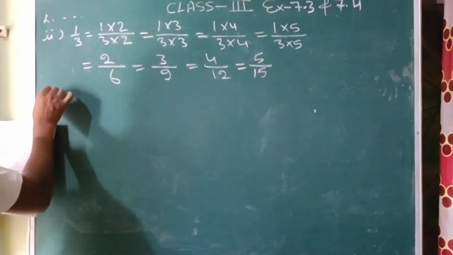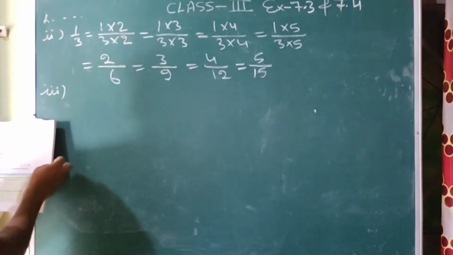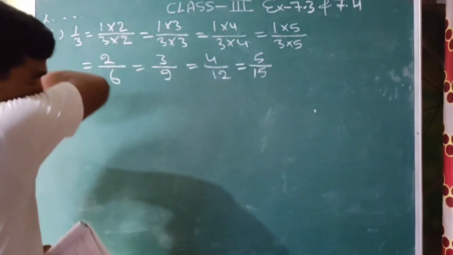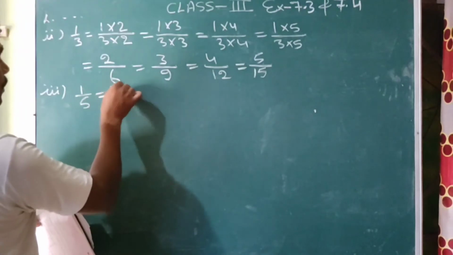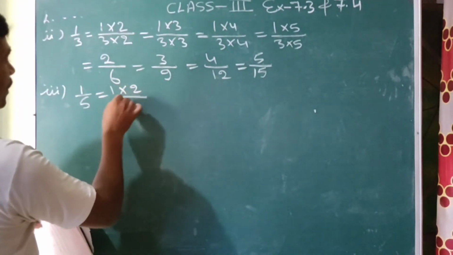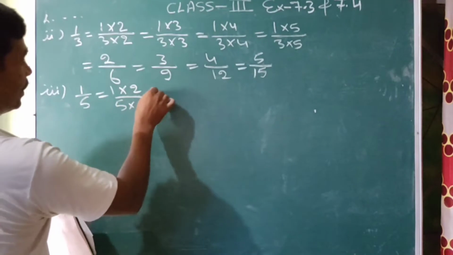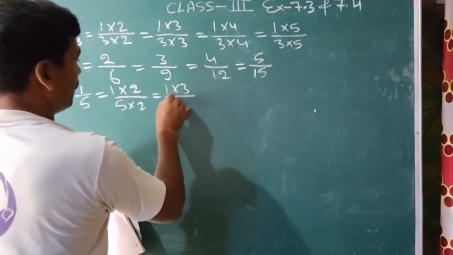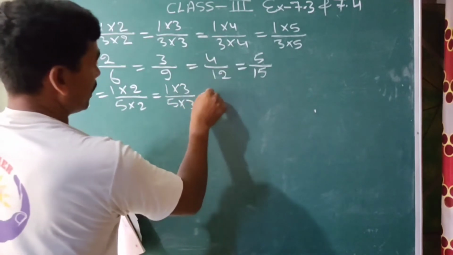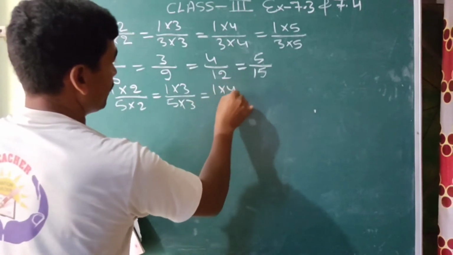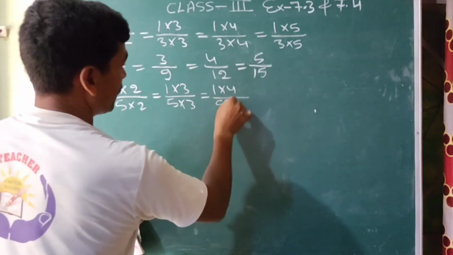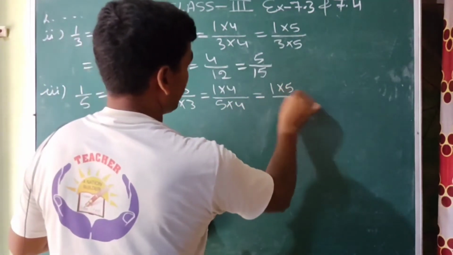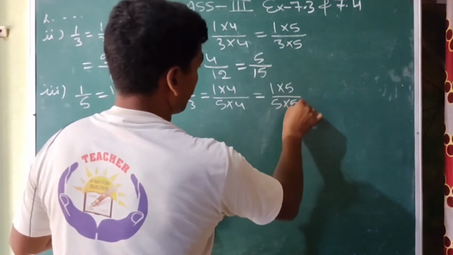The third part is 1 upon 5. Similarly we will do 1 multiply 2 upon 5 multiply 2, and then 1 multiply 3 upon 5 multiply 3, then 1 multiply 4 upon 5 multiply 4, then 1 multiply 5 upon 5 multiply 5.